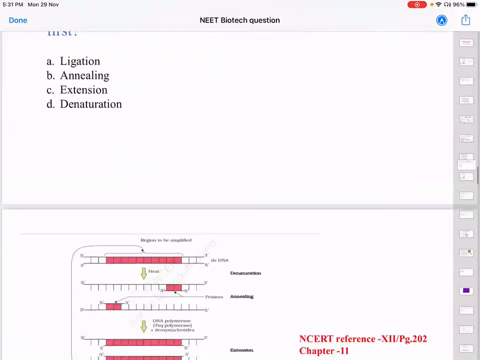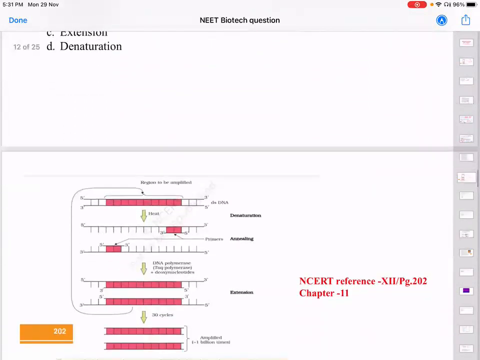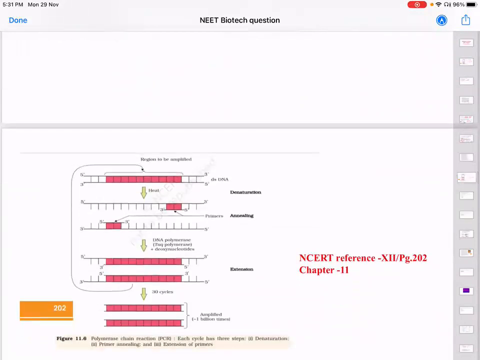So you have to go back to this diagram again. We have already seen PCR has 3 steps: denaturation, annealing, and extension. First is denaturation. Generally you supply heat with a temperature of 95 degrees Celsius, a huge amount of heat. Why do you do that?